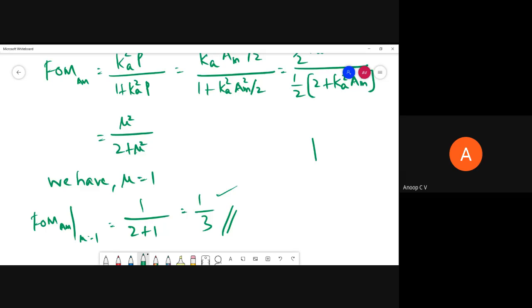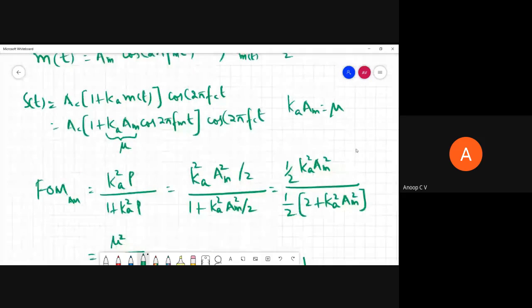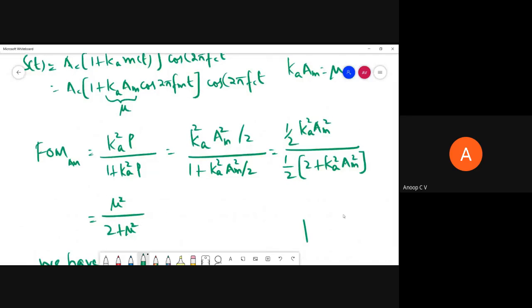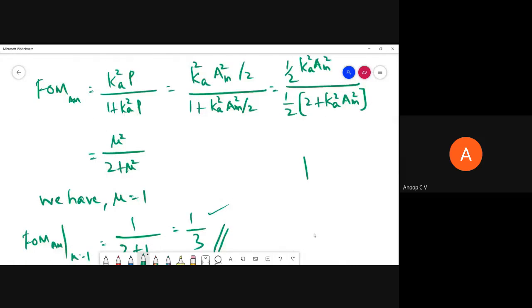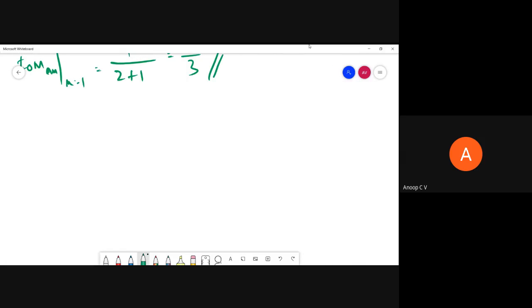But before that, while we did this particular derivation, while we evaluated the figure of merit of standard AM, we have assumed that Ac into 1 plus ka m of t is much larger compared to noise.